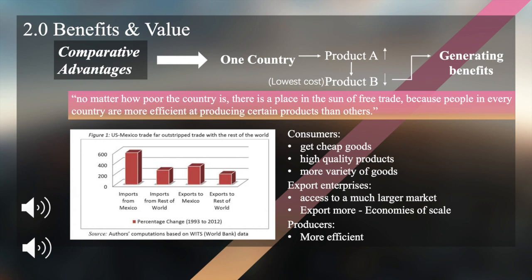And this time, there is a benefit because this country can spend the least on the production of product B. So, in the context of trade liberalization, no matter how poor the country is, this country must be most efficient in producing a certain product.